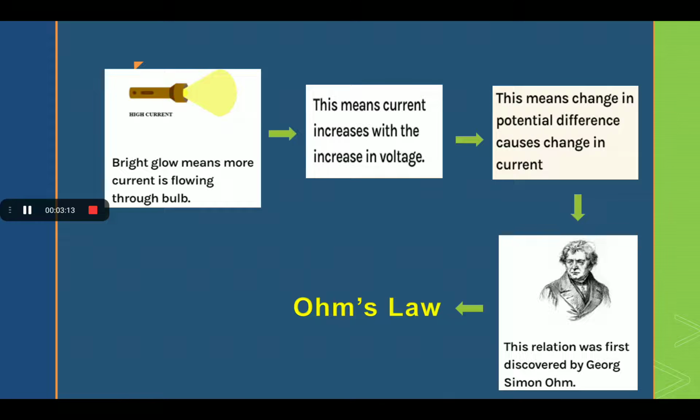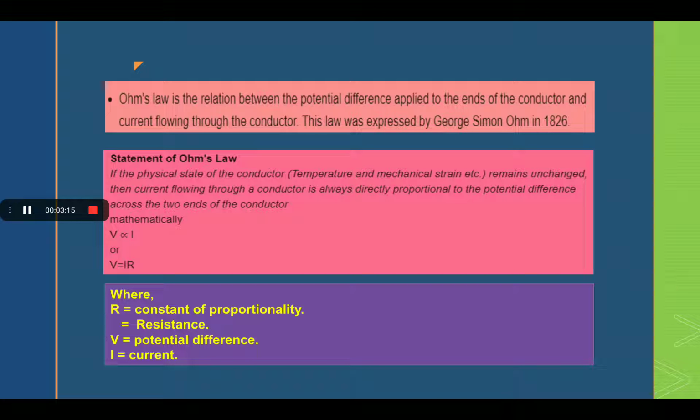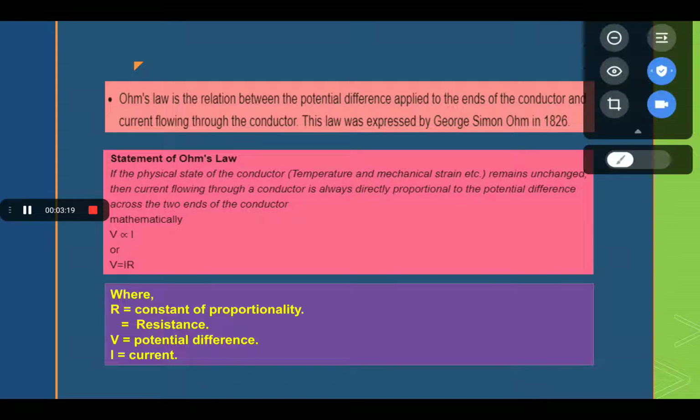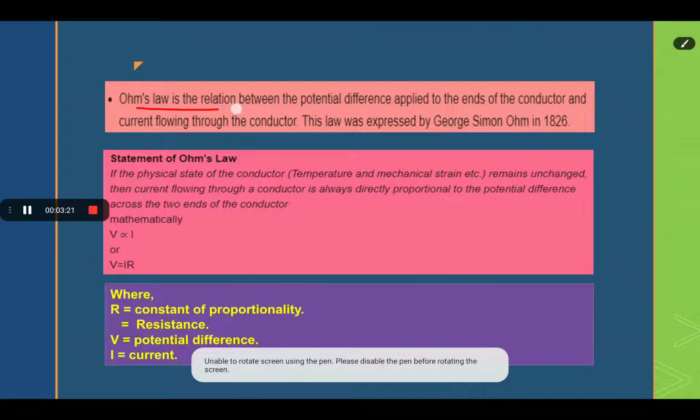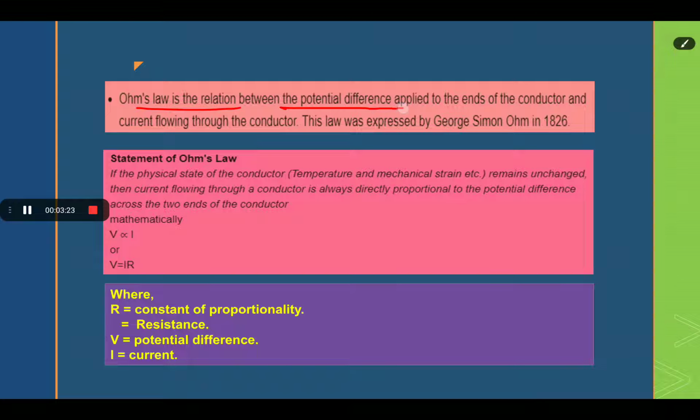If we want to write the statement for Ohm's law, we know from the previous slide that Ohm's law is the relation between the potential difference applied across the ends of a conductor and the current flowing through the conductor. This law was first expressed by Georg Simon Ohm in 1826.